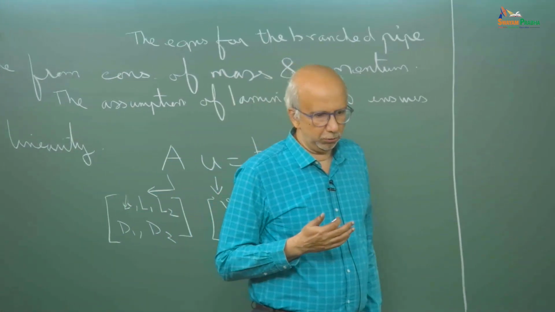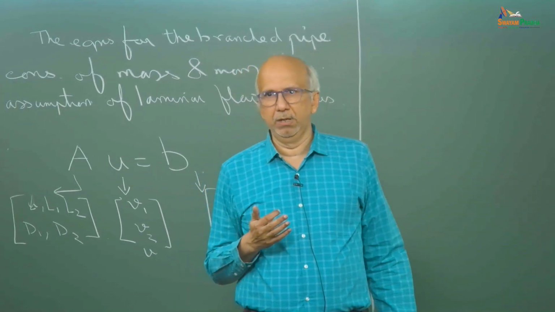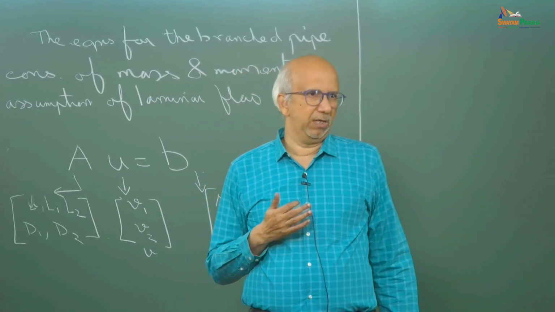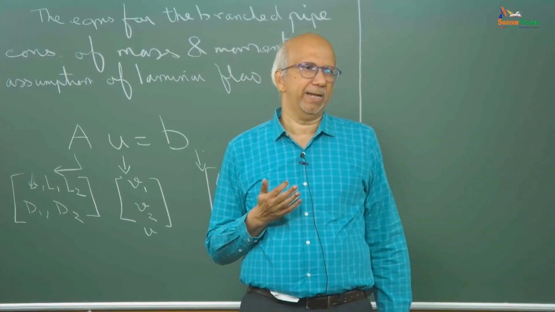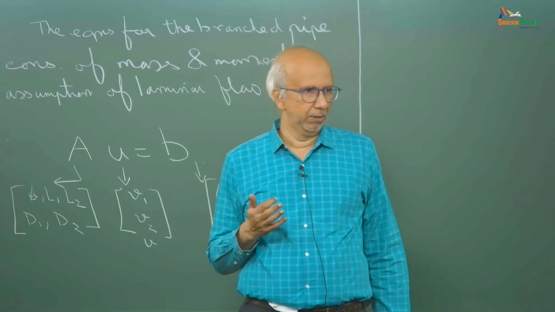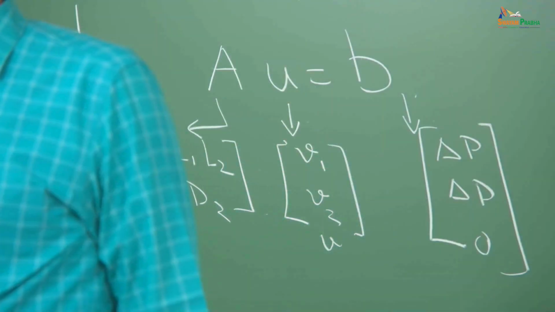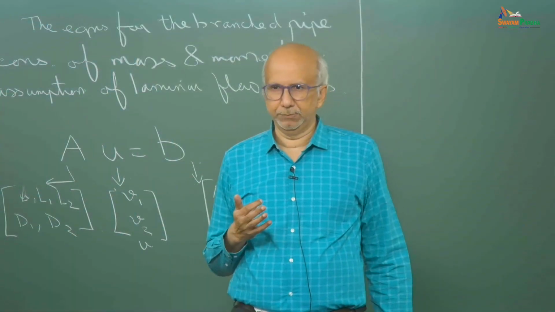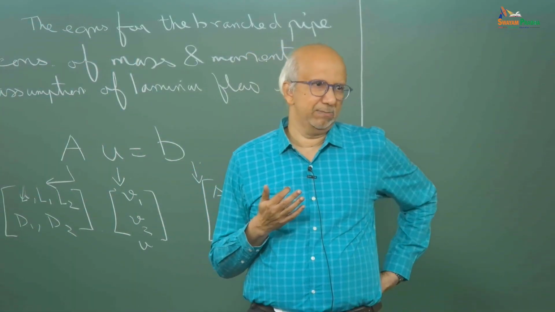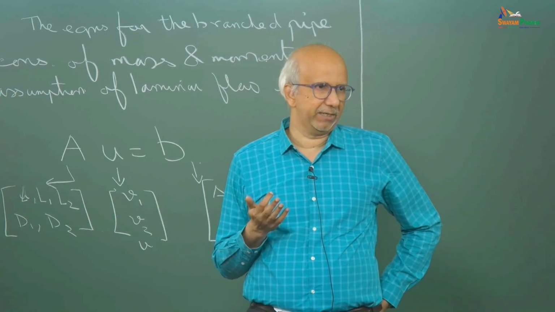I want to go to another example where we are not talking about steady state, but an unsteady state situation. Unsteady state means things are changing with time. The first thing which comes to mind is a batch reactor.